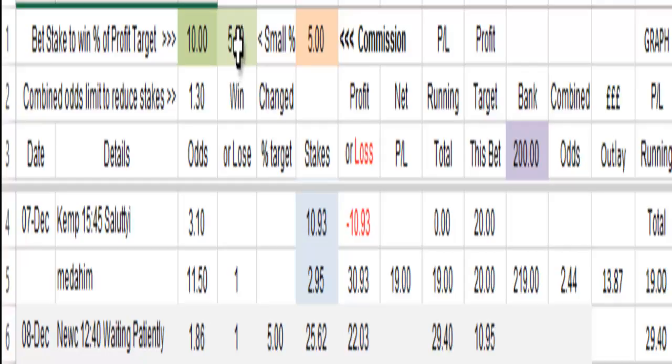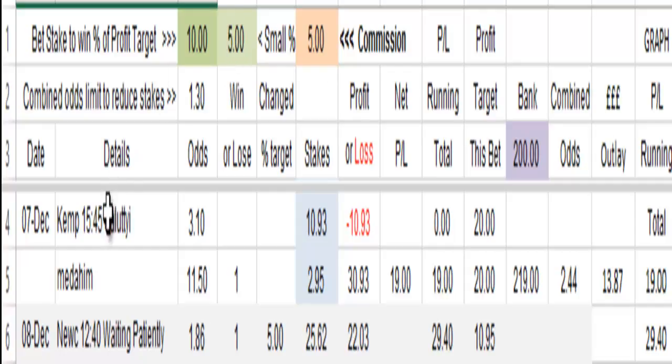Okay, so it'll take the 5% off. Now, combined odds. I mentioned combined odds on my first day, and if it's any less than 130, then it becomes a 5% bet, not a 10% bet. Okay. Now, sorry, that's what this 5% means.